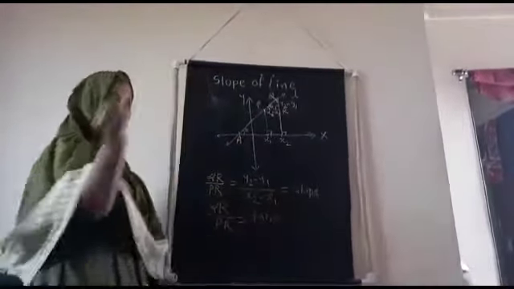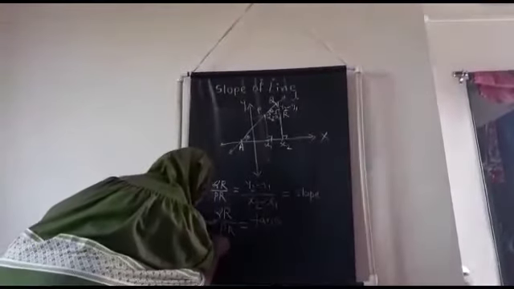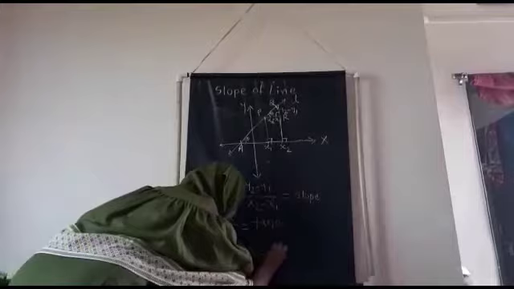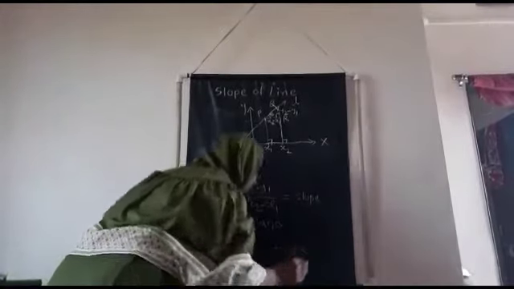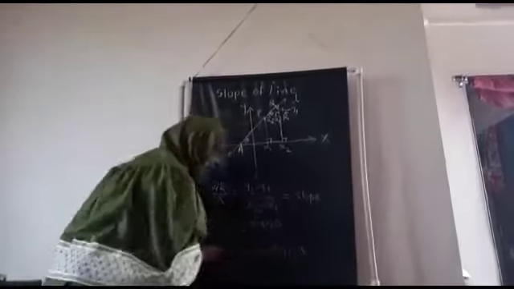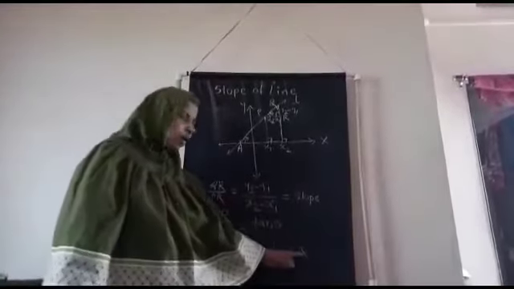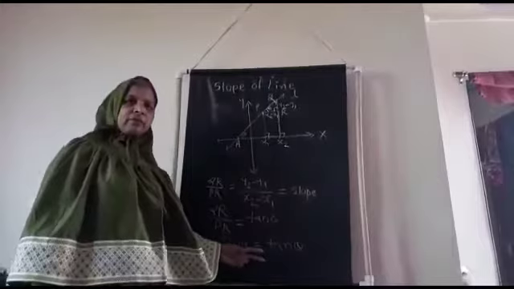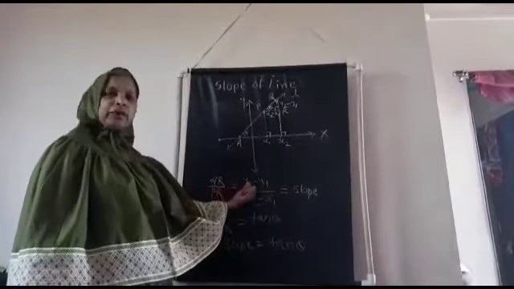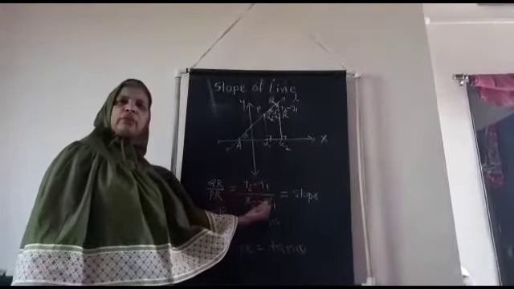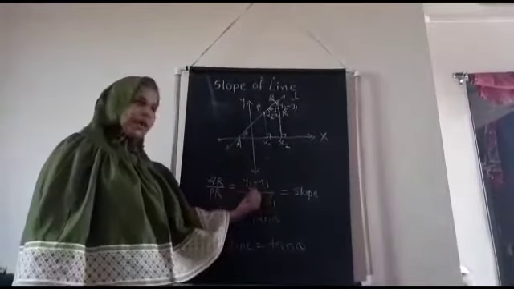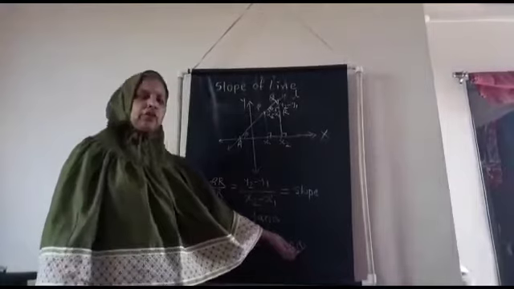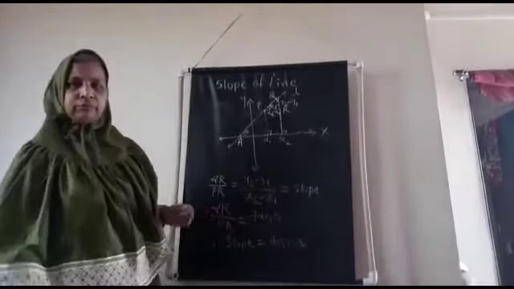Therefore, slope is equal to tan theta. This is the second formula for calculating slope, where the measure of the angle is given. So there are two formulas. First formula is y2 minus y1 upon x2 minus x1 when the coordinates are given, and second formula is slope equal to tan theta when the measure of the angle is given.